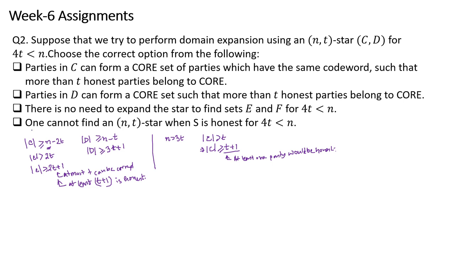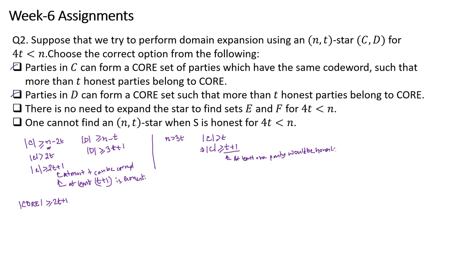Not only that, notice that for getting a core set, we require this condition, right, that core size has to be greater equal to 2t plus 1. So this is satisfied by both C and D in this condition. So the first option and the second option both hold true.